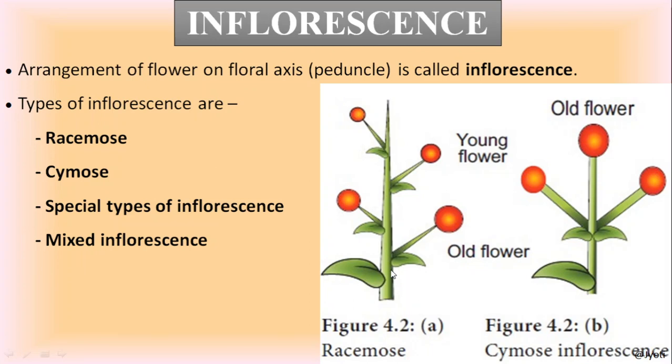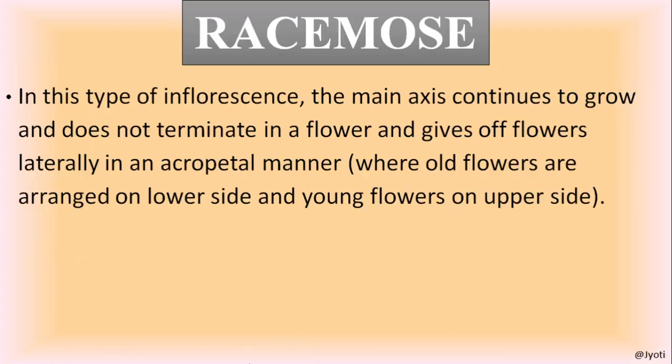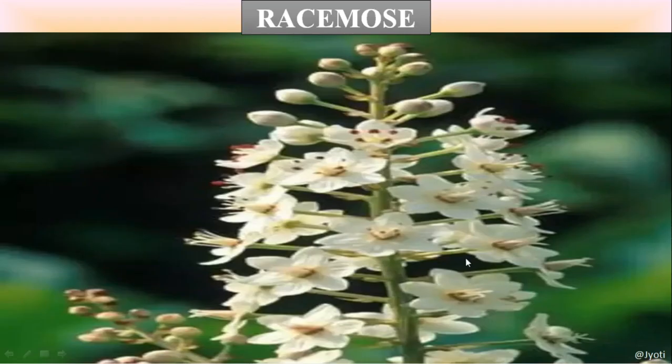So the racemose inflorescence is characterized by 2 things. One is that the floral axis or the peduncle is not terminated with a flower. The other is that the older flowers are present towards the base and younger flowers are present towards the apex. Here you can see a racemose inflorescence. The older, fully bloomed flowers are towards the base, but towards the apex you can see the buds, and still more buds are to be produced.